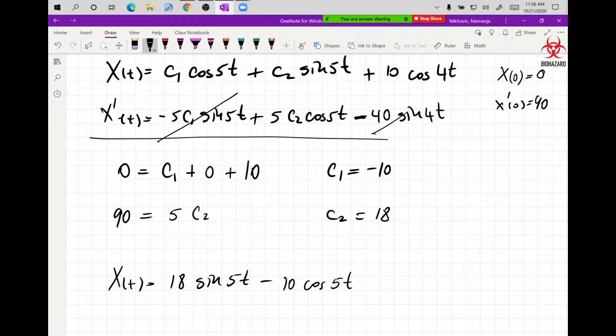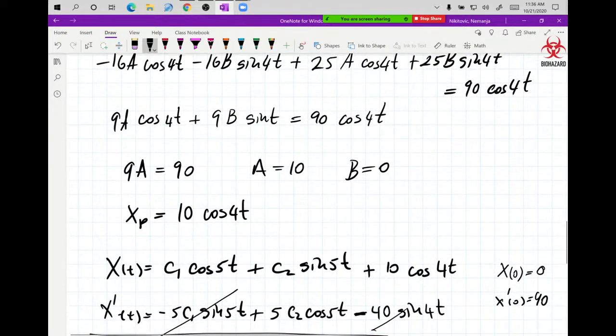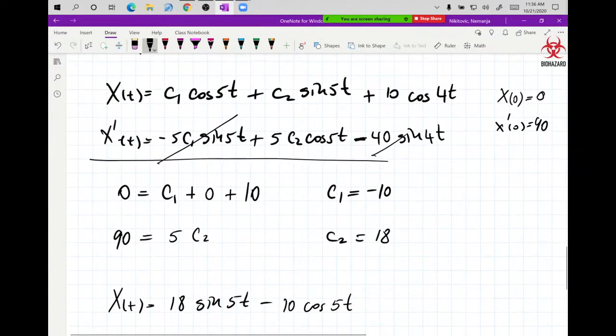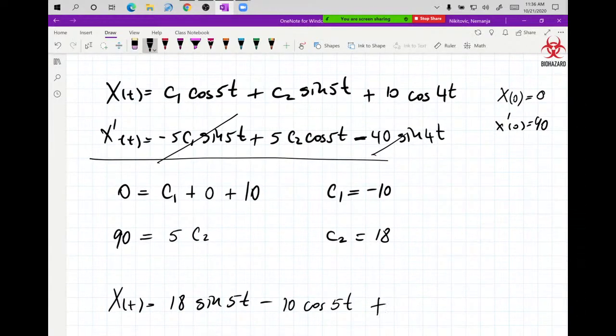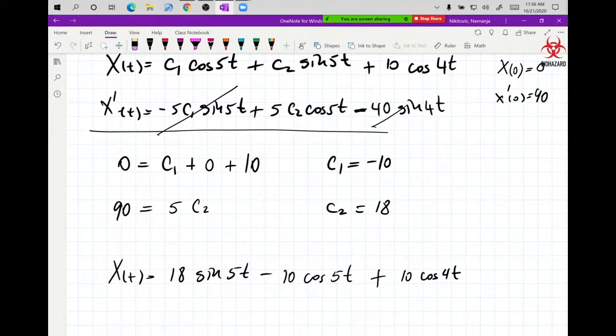Okay. Didn't we have another? Yes, plus 10 cosine 4t. Oops. I know I have 3 terms in the solution. I didn't write this one, so it's fixed. There we go.